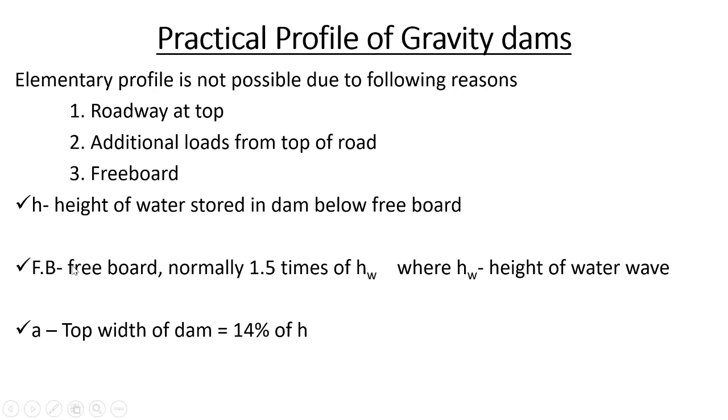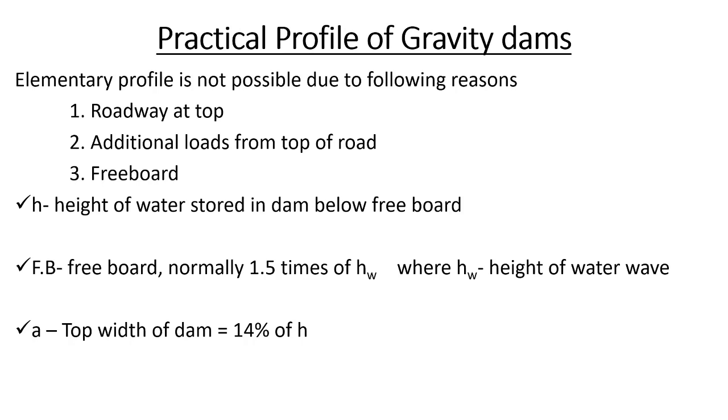Usually for freeboard, normally 1.5 times small hw is taken, where hw is the height of the wave. There may be a possibility of waves forming due to the action of wind in the upstream direction.